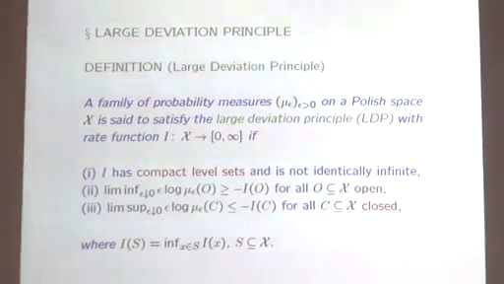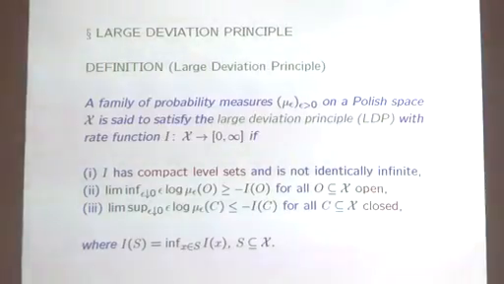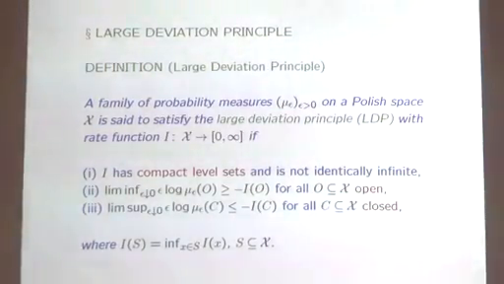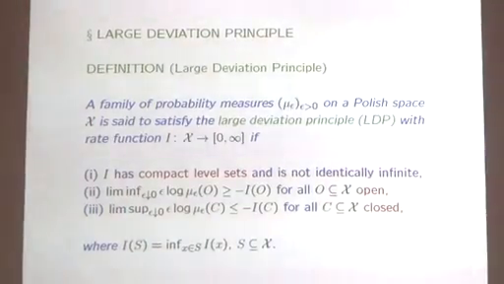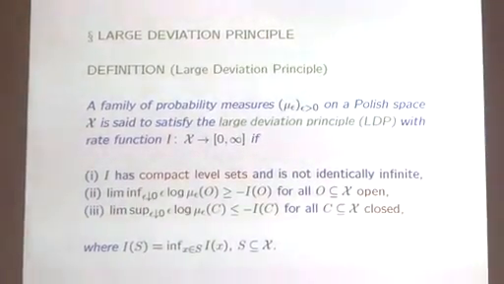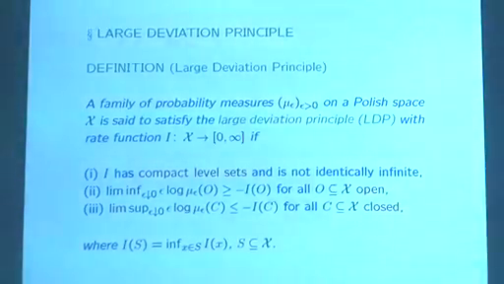First of all, you want this rate function not to be identically equal to infinity, because if that would be the case, you would have been looking at the wrong scaling limit. You want it to have compact level sets, so this means that the set where this rate function is smaller than or equal to some finite value has to be a compact set.